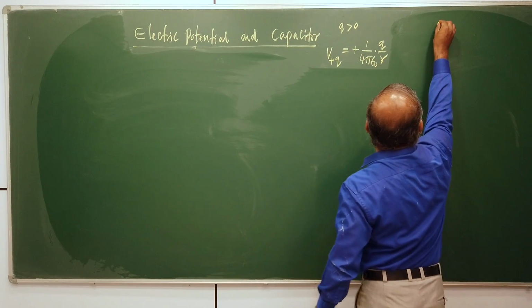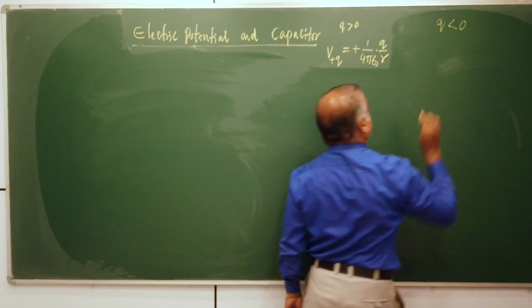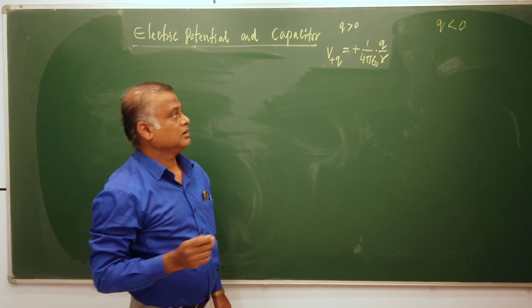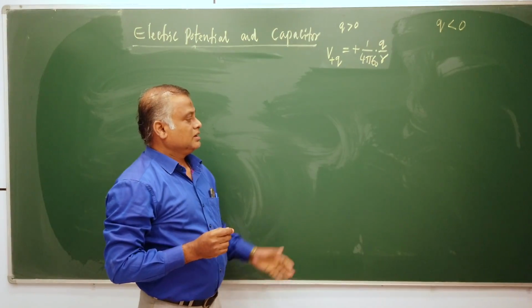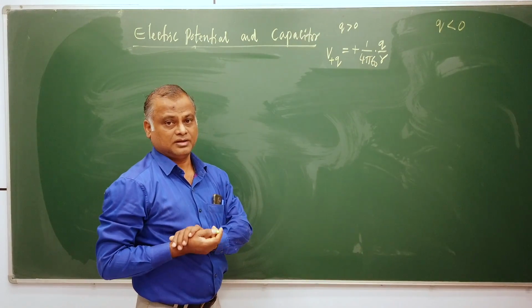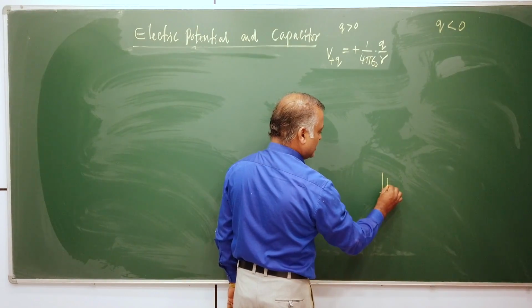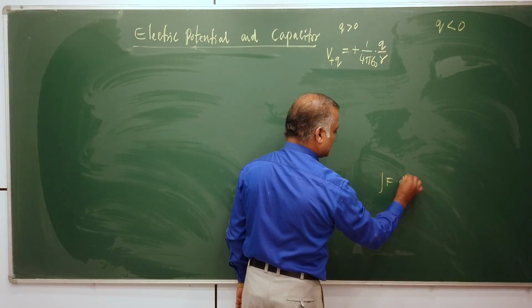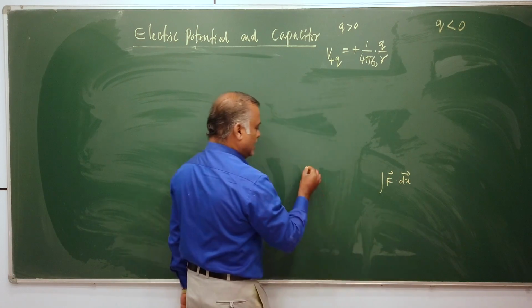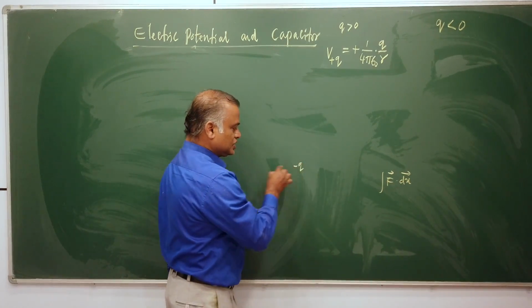So if I have a negative charge, in the derivation we have done this, that is F dot dx. I have a negative charge here. Source charge is negative.